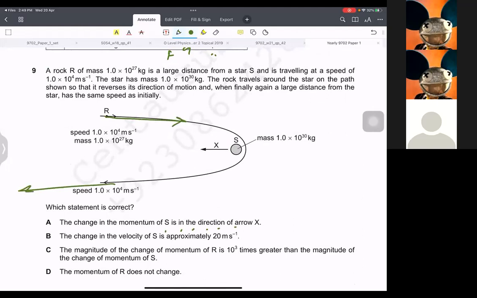Right. Well, the change in momentum, the change in velocity of S is approximately 20. Change in velocity. But why?